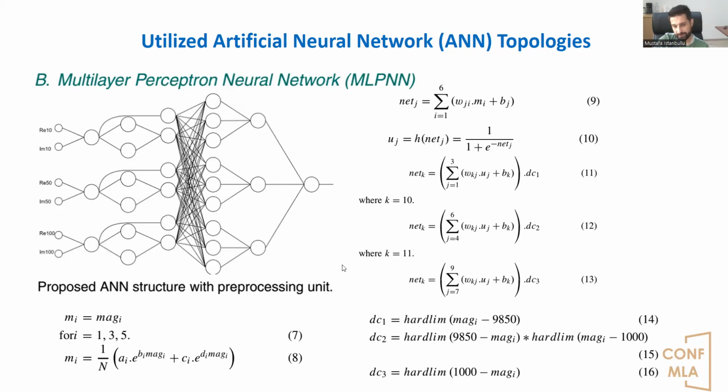After the activation function, the inputs of the fourth layer are obtained. In the next layer, the outputs of the fourth layer are separated into 3 groups.